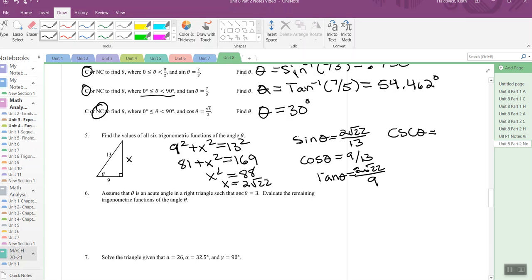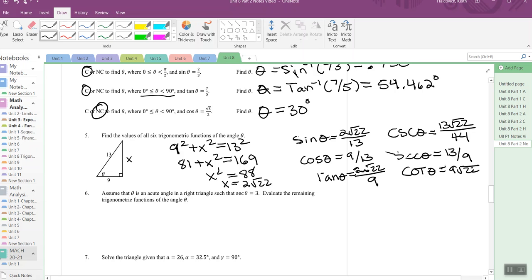Well, you have to rationalize, so you multiply by rad 22, so you get 13 rad 22 over... rad 22 times rad 22 is 22, times 2 is 44. The secant is the reciprocal there. And the cotangent is the reciprocal here, so it's going to be 9 rad 22 over 44 when you rationalize.